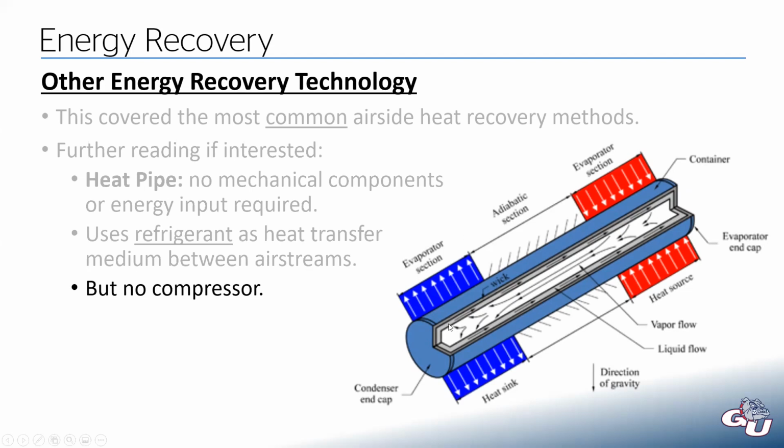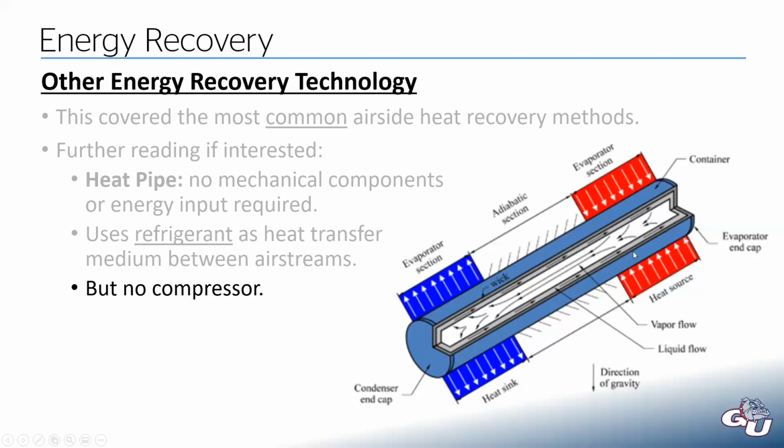So you can see this sits at an angle. I didn't just rotate this image. This is how it has to sit. You're going to have your cold airstream on one side and your warm airstream on the other. What happens is the refrigerant that's in this pipe is going to absorb energy on one end and then naturally want to rise. So I said there's a reason this is at an angle.